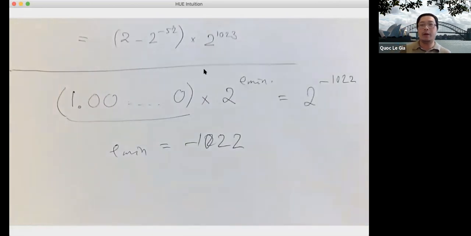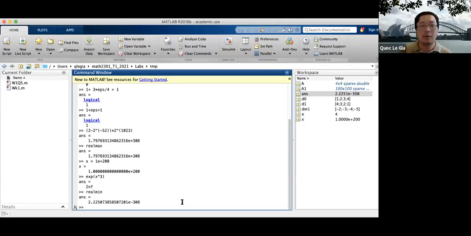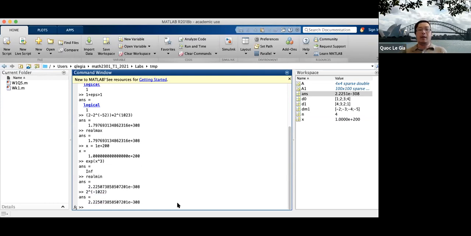Then I put it in MATLAB. So if I share the MATLAB screen, 2 to the minus 1022, I get that number. A very, very small number, 10 to the minus 308.